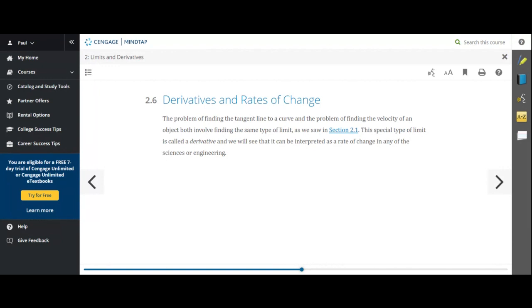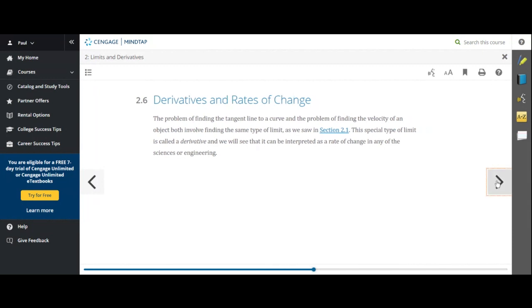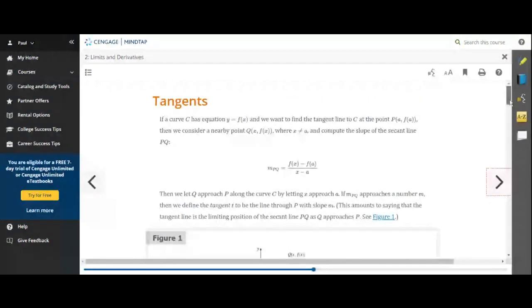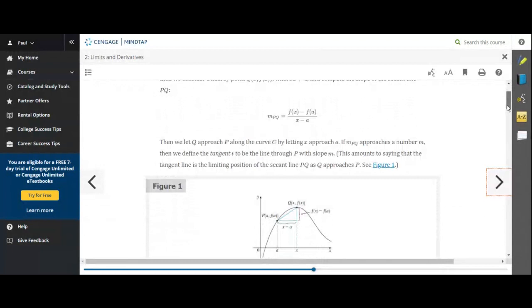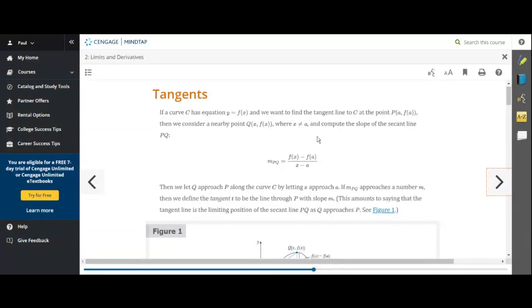So tangents. You have learned the slope of a tangent line.